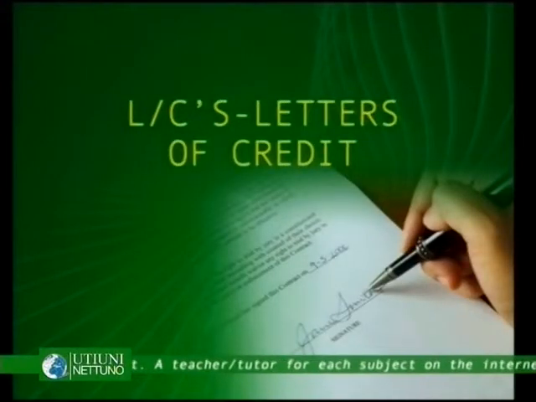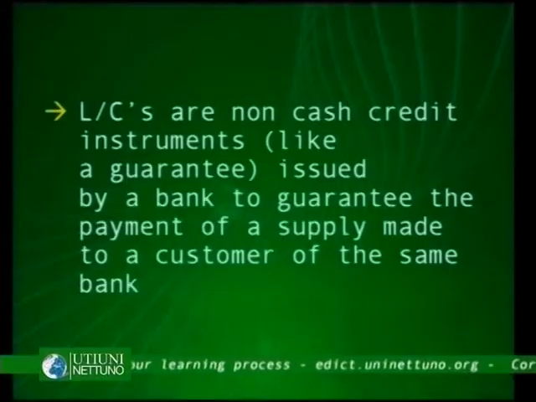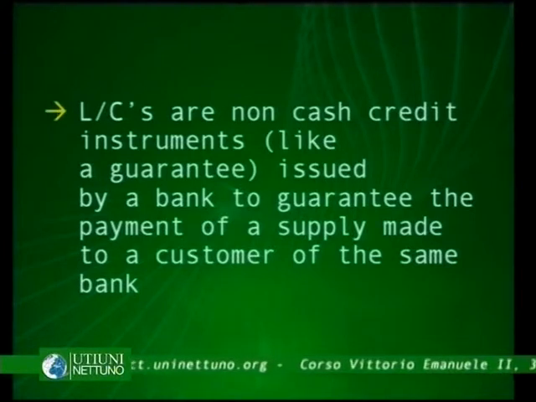So another tool we can use are letters of credit. Letters of credit are, I think, the most typical tool utilized in trade between countries. Letters of credit are non-cash credit instruments, like a guarantee, issued by a bank to guarantee the payment of a supply made to a customer of the same bank.